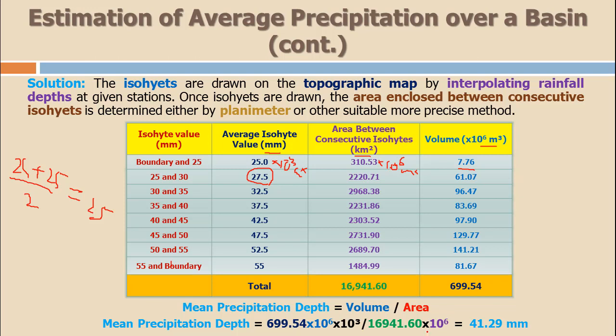And then finally, to convert the answer into millimeter, here it is written as 10 raised to the power 3. If you don't multiply by 10 raised to the power 3, you will get the answer in meter. Okay, so this was the first example.